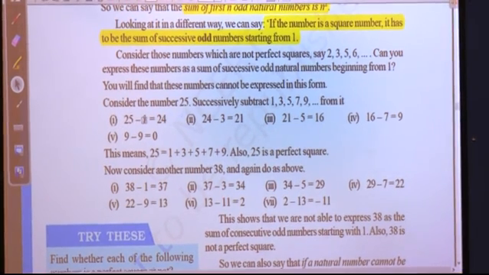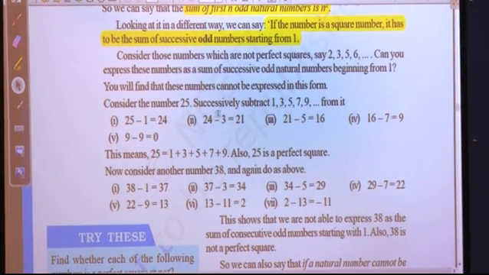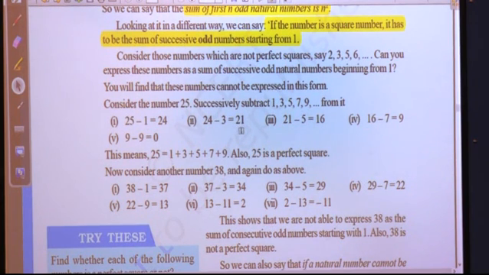First odd number subtracted from 25, we got 24, then the second odd number, third, fourth and fifth odd number. 9 minus 9 is equal to 0. This means 25 is equal to 1 plus 3 plus 5 plus 7 plus 9. Also, 25 is a perfect square.